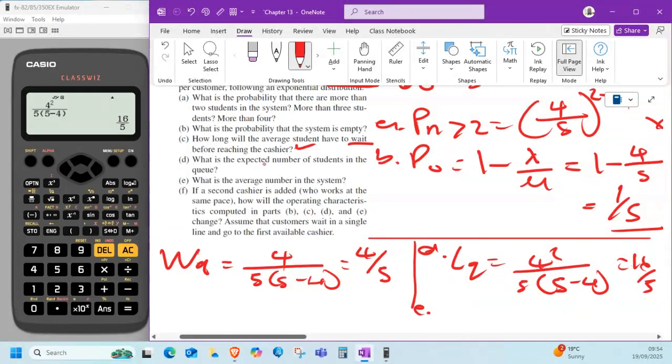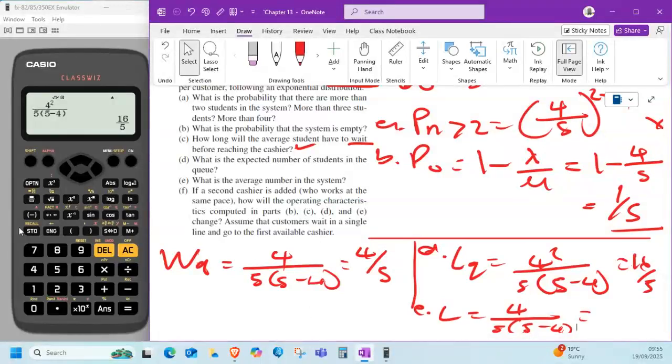Wait, what is the Q? Okay, the system average number. That is L equals to, I believe, 4 over 5 minus 4. So you remove the squared there.